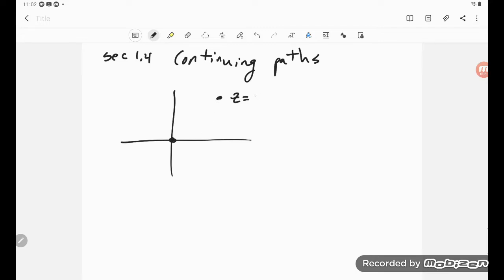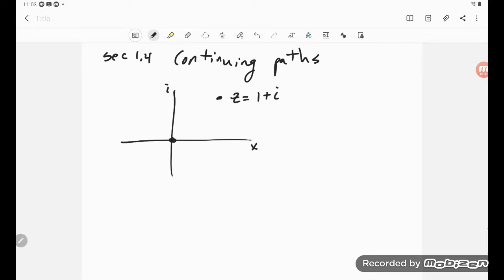So we'll say this is 1 plus i. Okay, so we have our x and our i here, our real part and our imaginary part. And so, really any path can get you there.